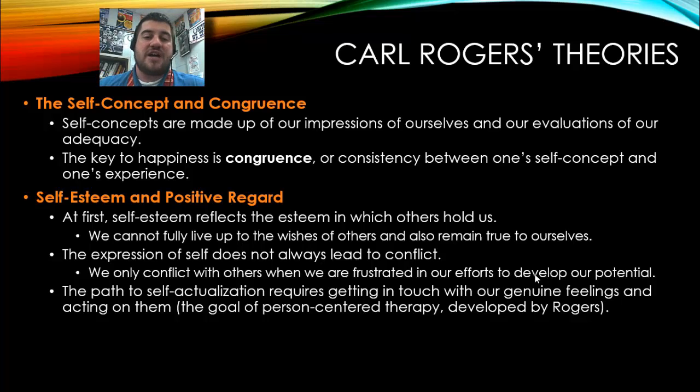Rogers says the key to happiness is something called congruence, or how consistent your inward self-concept is with your experience. If you like to think of yourself as a friendly person, but you get upset a lot at little things and show aggression, then that's not consistent with your experience, and you're not going to be happy.